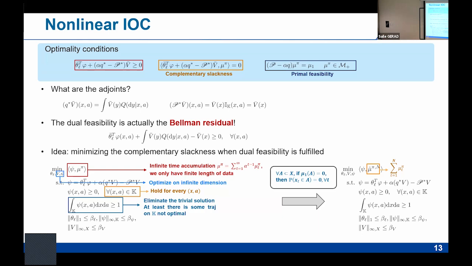So under this condition, you can actually show that you can replace this mu with this mu hat, a finite time horizon mu, because they are absolutely continuous with respect to each other. And this is the first thing that we focus on solving.